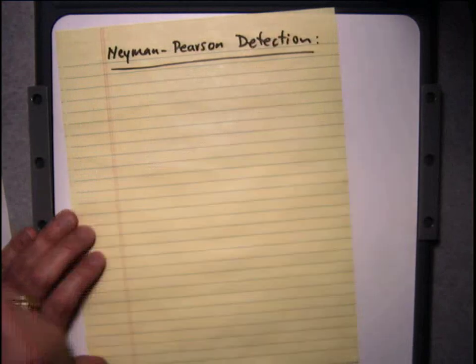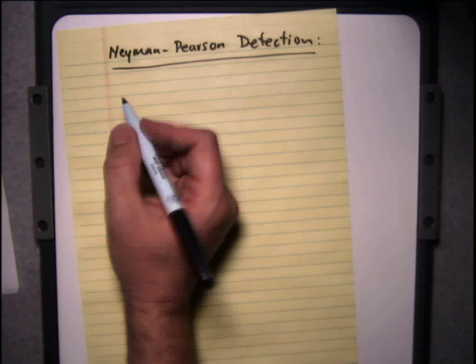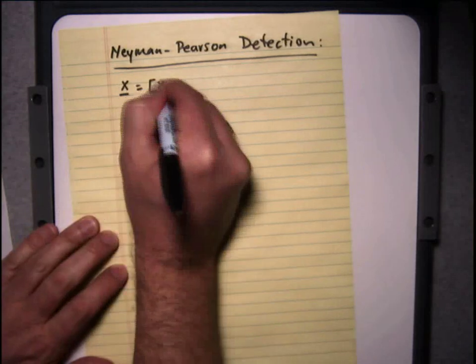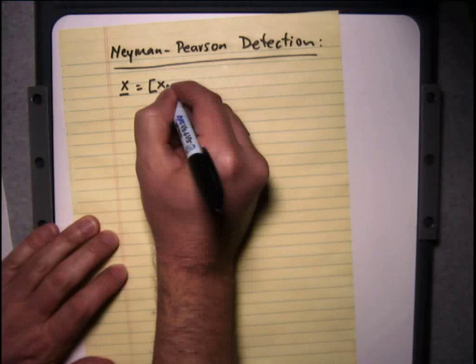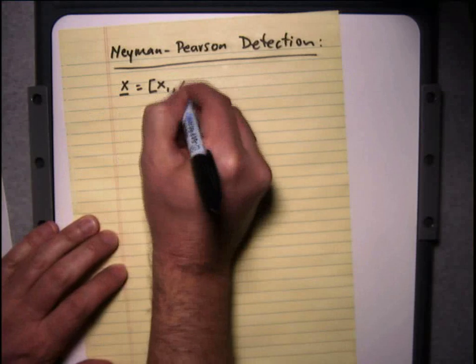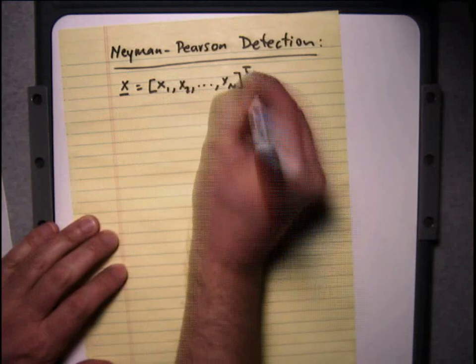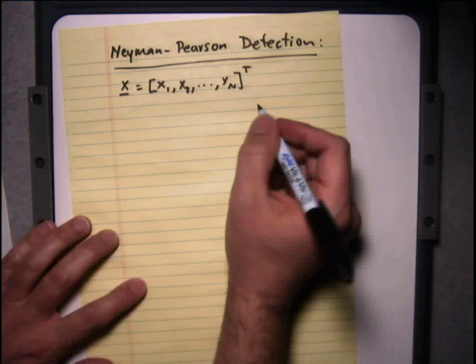The idea here was that we had a vector of data, x, and this had various components, let's say x1, x2, and so on, xn. This is a column vector.